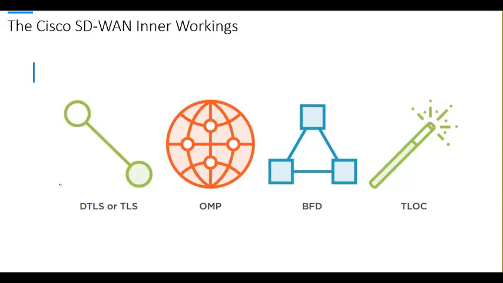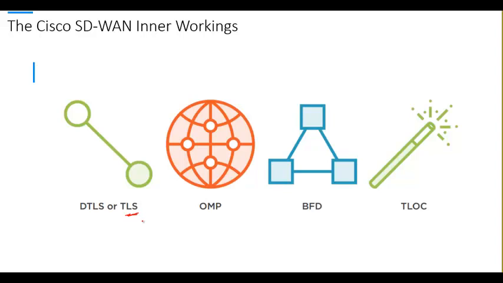But the control plane tunnels between the vSmart controller and the WAN edge routers and the controller and the WAN edge, vManage will remain there, continuing, and it uses TLS.